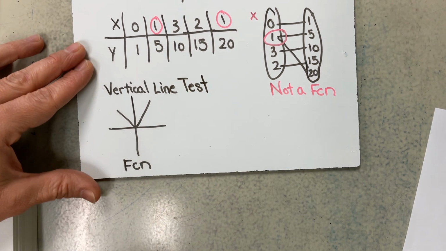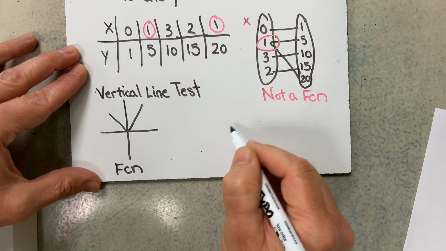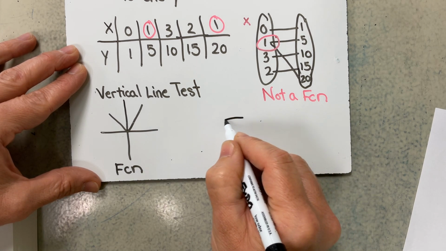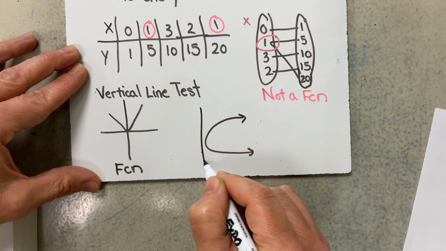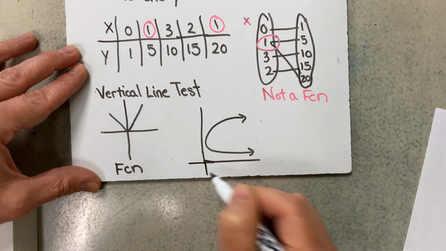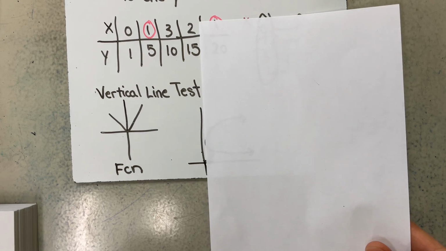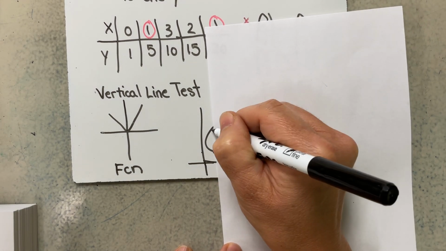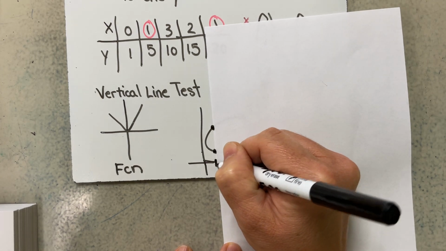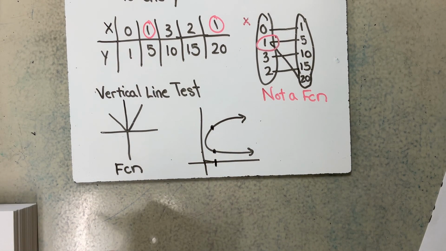Okay. But sometimes we might have a function that looks like this. Okay. Well, this one, when I run my vertical line through, I can see there's a spot there and a spot there. They both have the same x value.